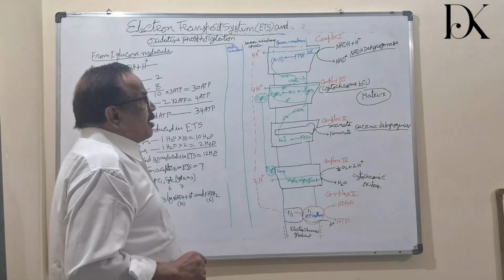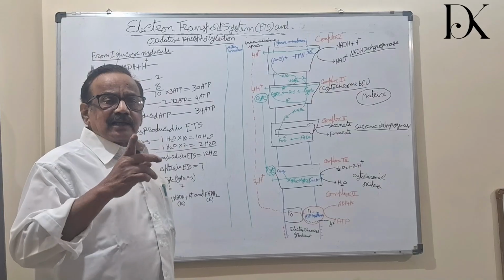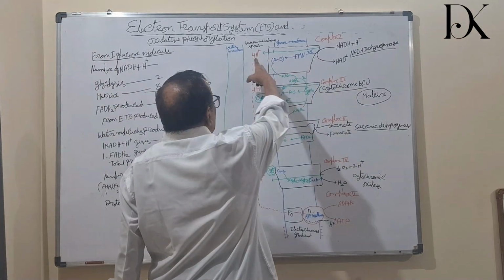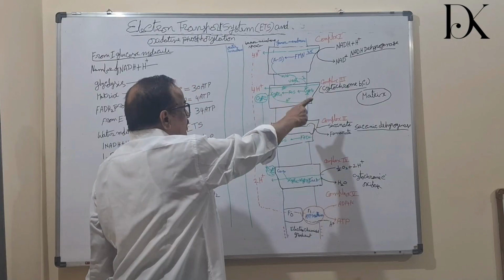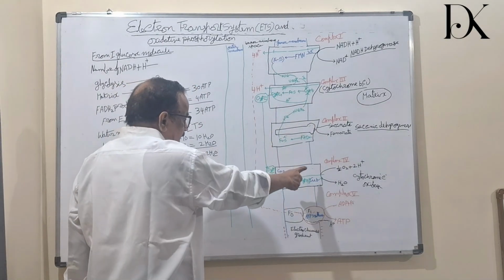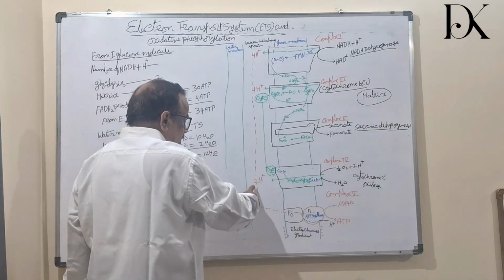Now protons pumped from NADH plus H plus: 4 from complex number 1, and 3 from complex number 3, and from complex number 4 it will be 2.